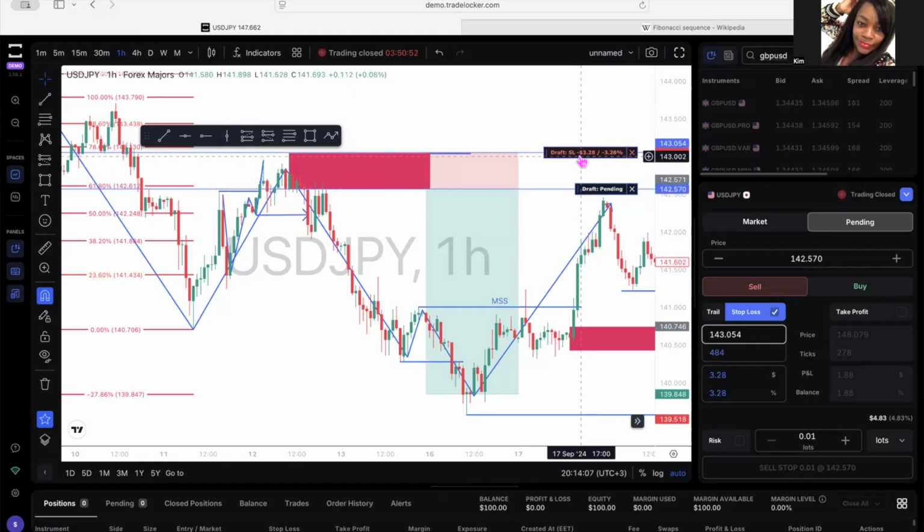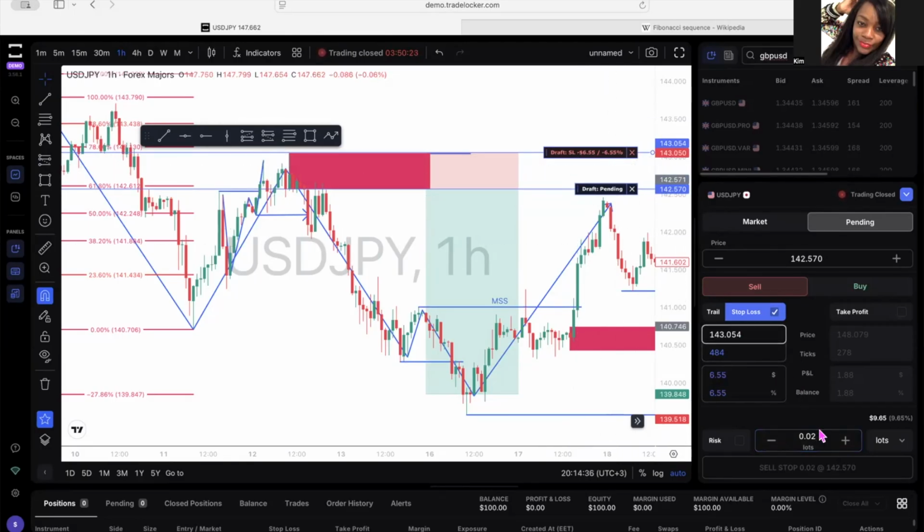So this is $3. This is saying I'm at a 0.01 lot, and if this stop loss gets hit, I am going to lose $3. If you say, hey, I'm willing to lose more, you can change it. Now you're losing $6.